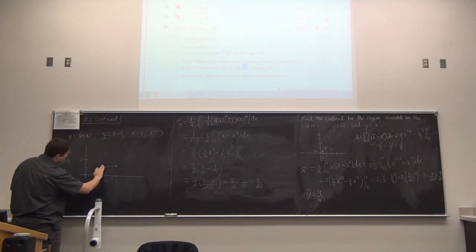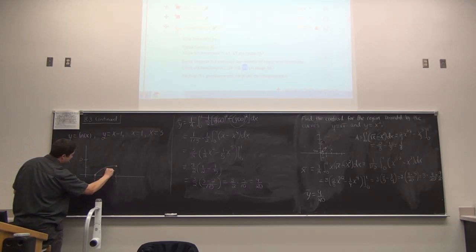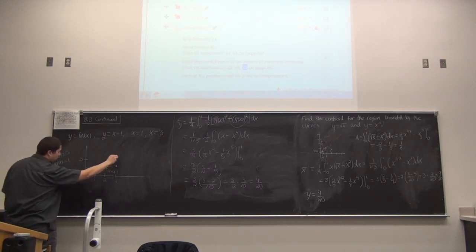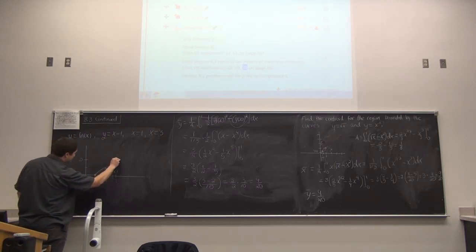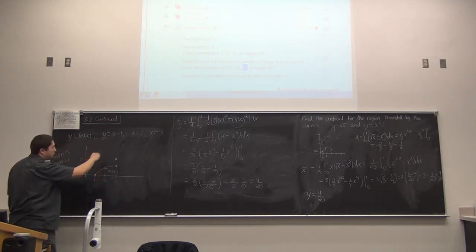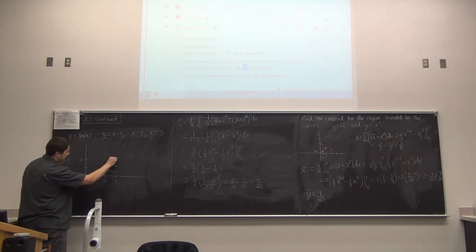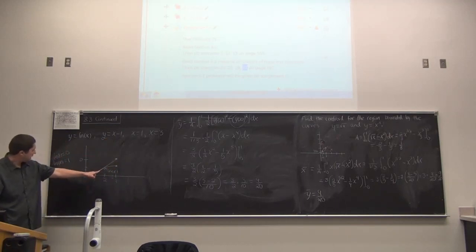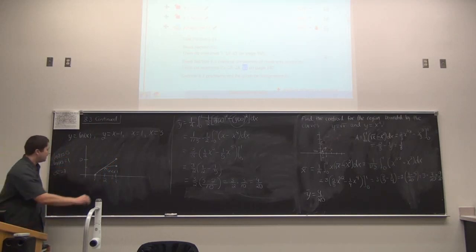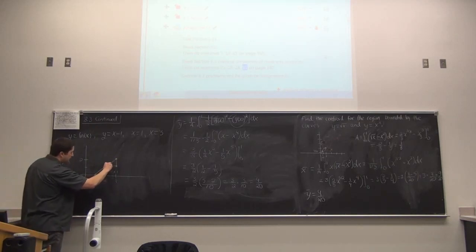So let me replace that description. Natural log x is now promoted to the bottom curve. I guess that's a demotion. And we have a height of 2 on that curve when x is 3. So the sketch looks about like this. There is separation there, but the width of the chalk is making it hard to sketch. And this would be our region.